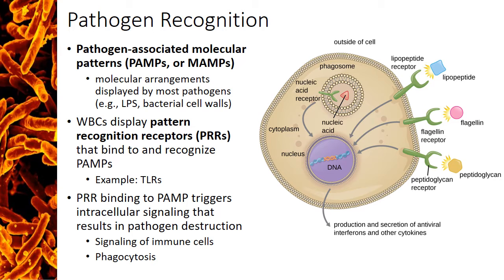These are things like lipoproteins or lipopolysaccharides that are found on gram-negative cells, the flagellin protein that makes up bacterial flagella, because remember the bacterial flagella was different than eukaryotic flagella, or things like peptidoglycan that makes up the bacterial cell wall. Again, molecules that are unique to the microbes that are not found in humans.